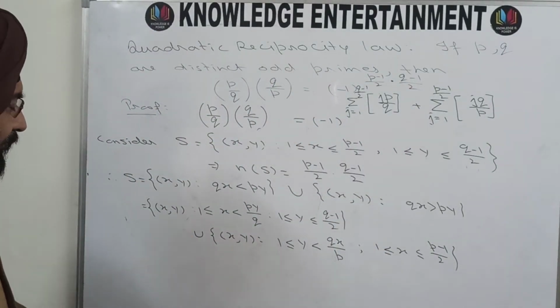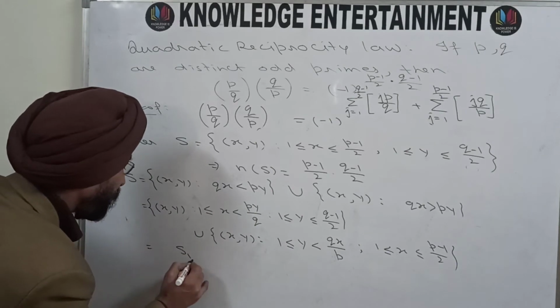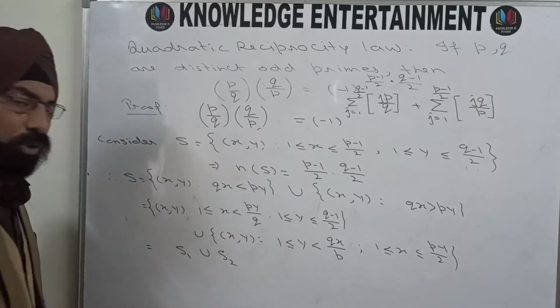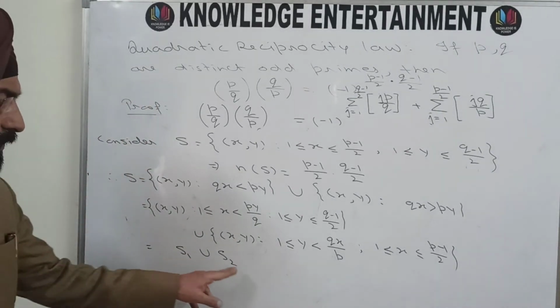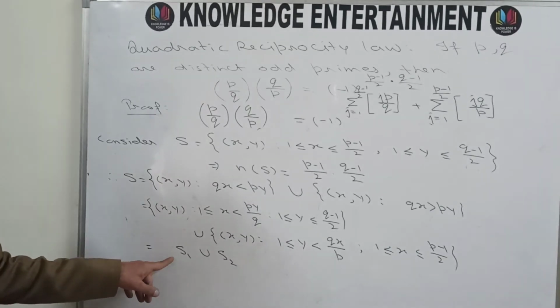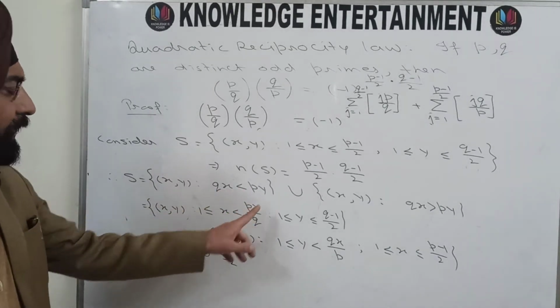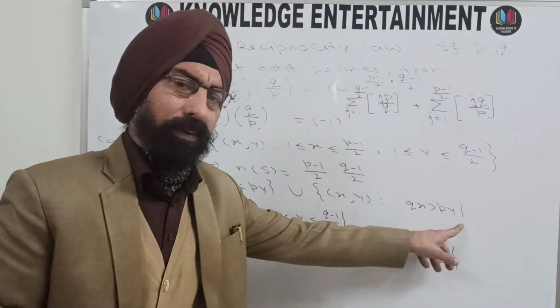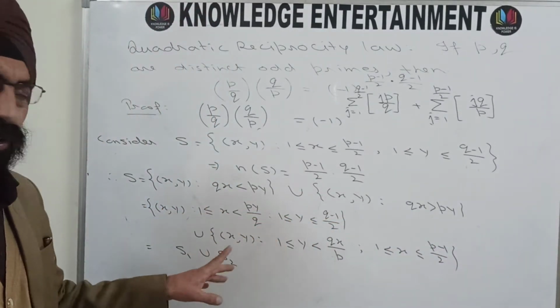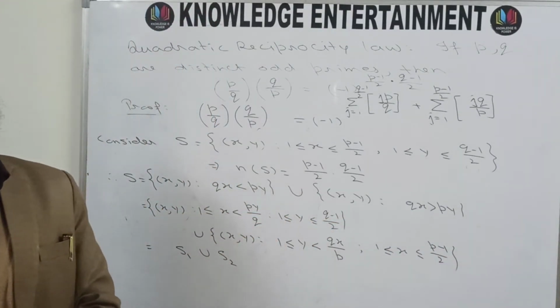So the first set, suppose it is S1, and the second set, suppose it is S2. So S is equal to S1 union S2, and since in S1 qx is less than py and in S2 qx is greater than py, no element of S1 and S2 is common. That means they are disjoint sets.